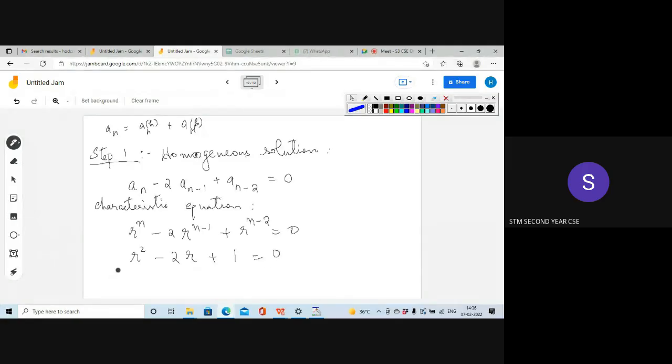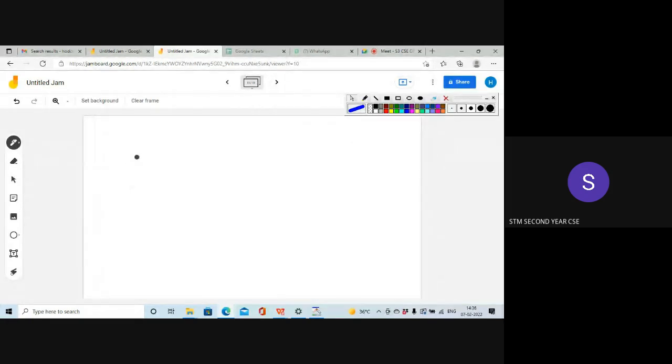Now find the characteristic roots. What are the roots corresponding to r square minus 2r plus 1 is equal to 0? You are just solving a homogeneous part. You write the characteristic equation, find the roots.